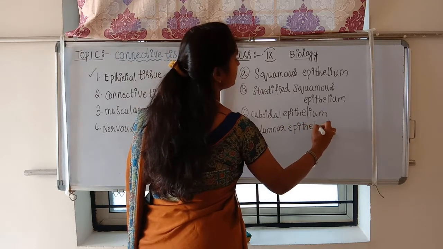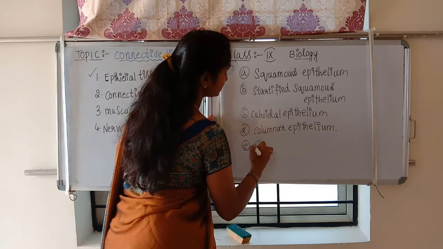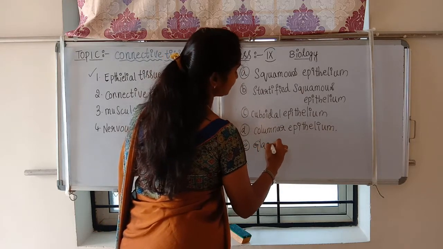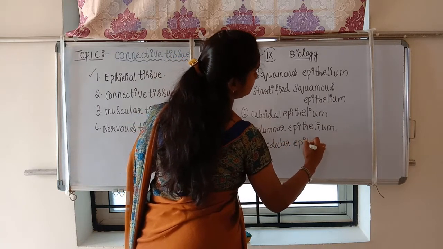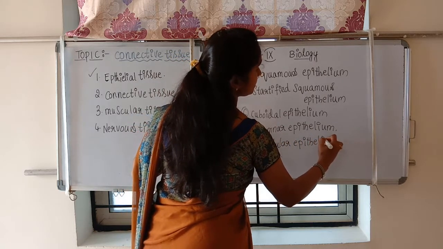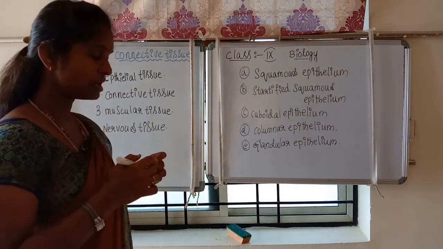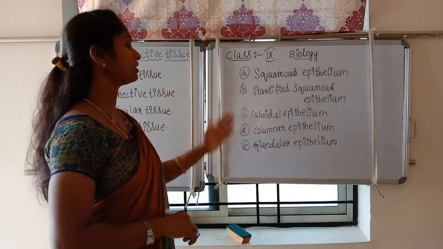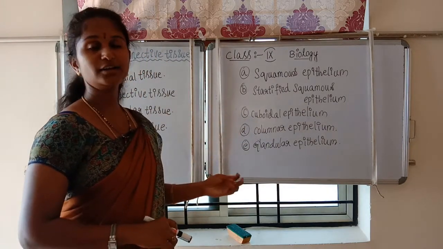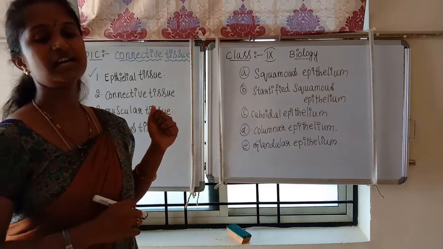And one more epithelium was there, that was not that important. The fifth one is glandular epithelium, based on the glands. These are the five different structures present in the epithelium: squamous, stratified, cuboidal, columnar and glandular epithelium. These are the structures we already discussed in the last class.